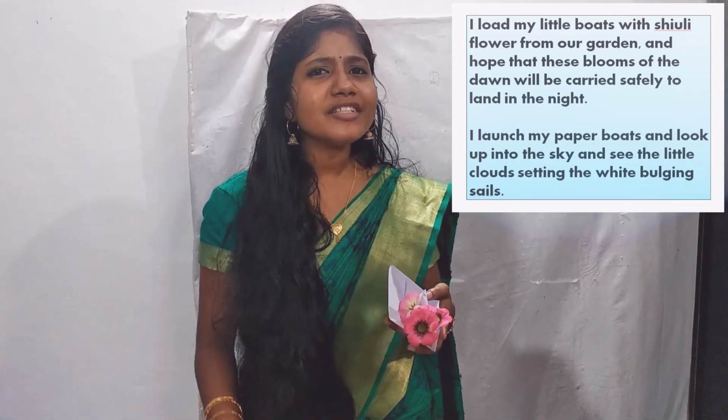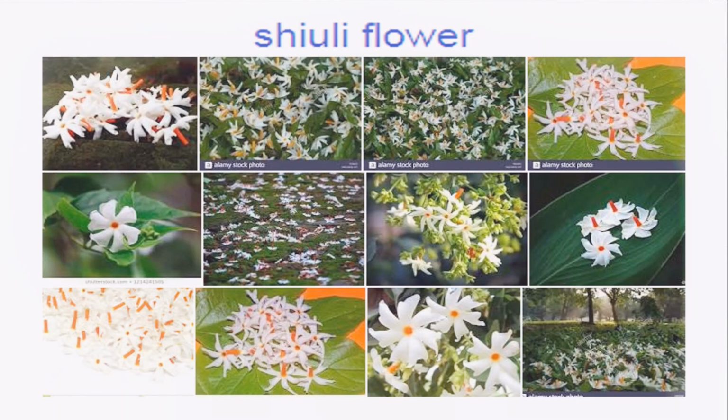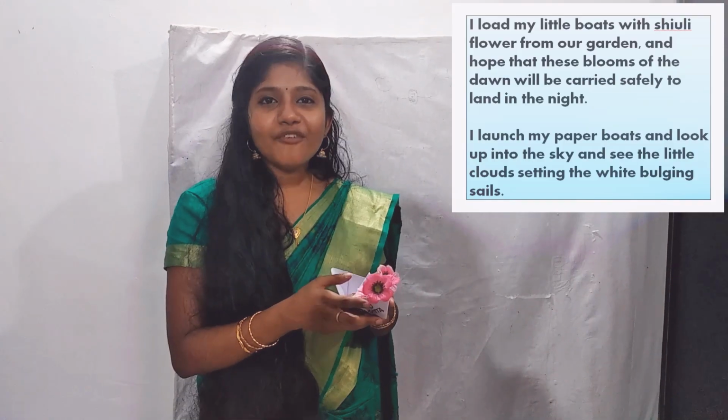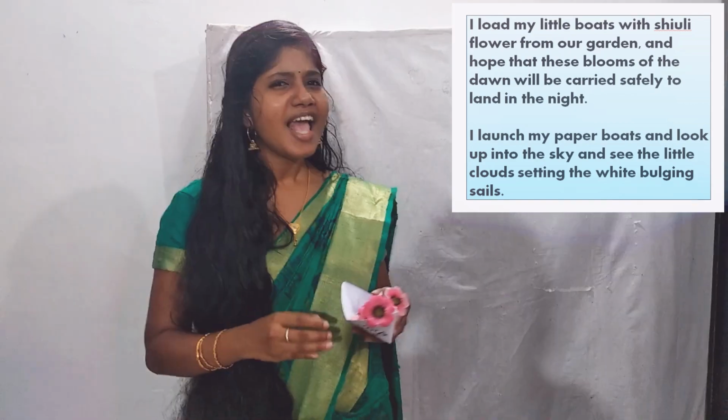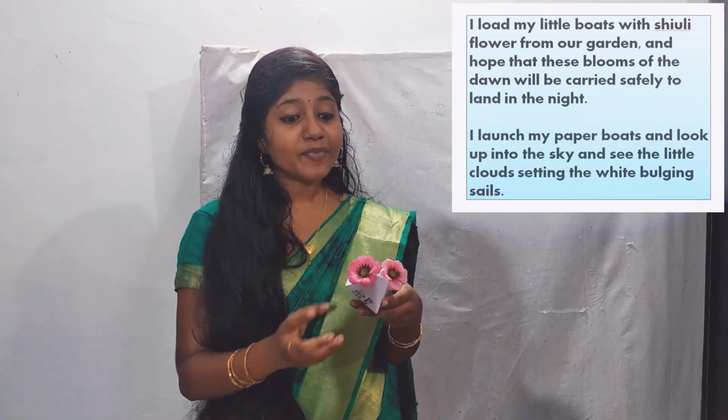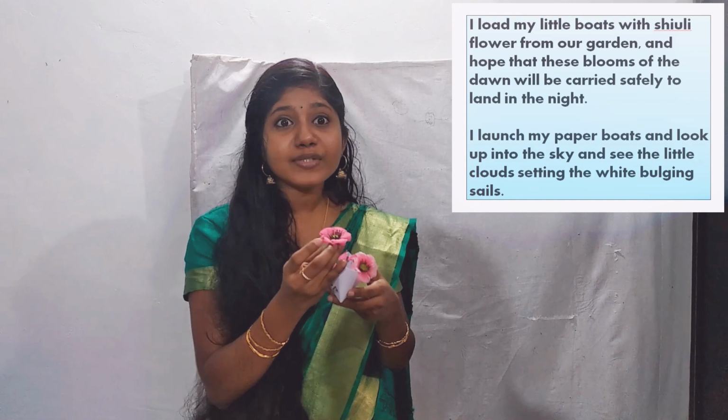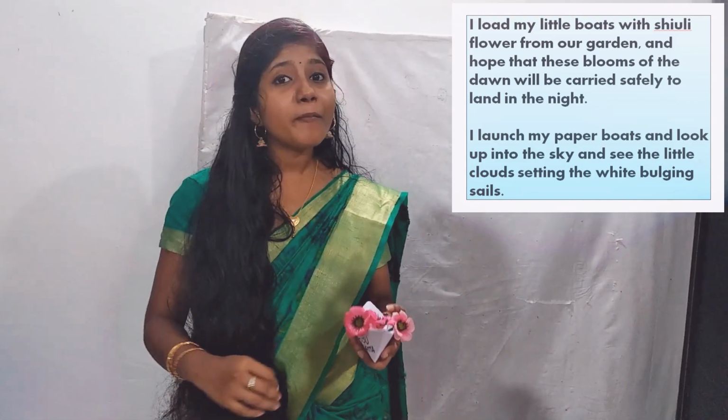What is the name of the flower? Can you repeat it? See the picture of the shoe-leaf flower. And where is the shoe-leaf flower from? It's from the boy's garden. And what does the poet say? When does this shoe-leaf flower blossom? What is the hope of the boy?